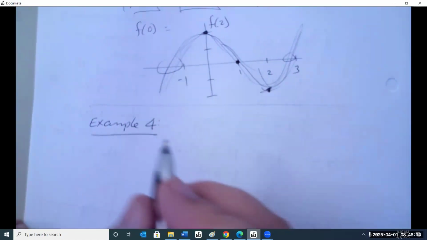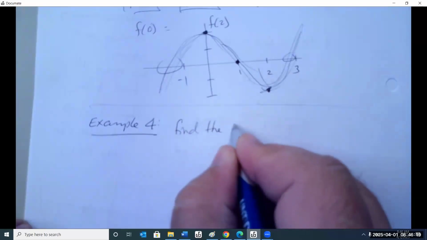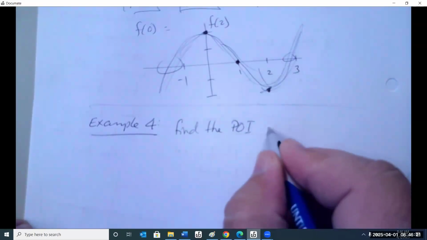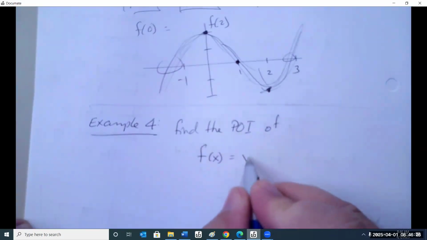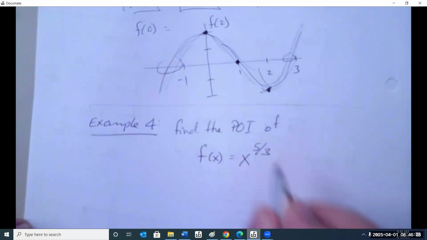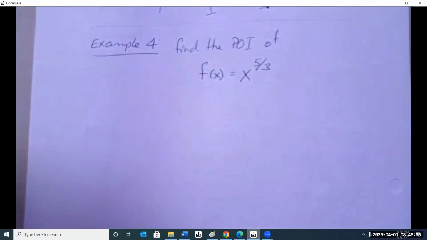Example 4. Find the point of inflection of this function. How do we find the point of inflection?